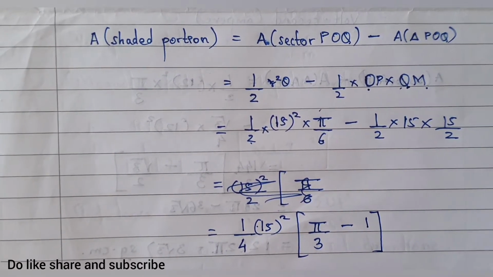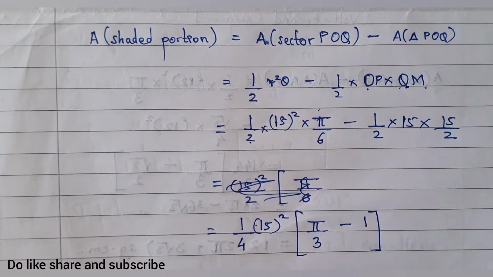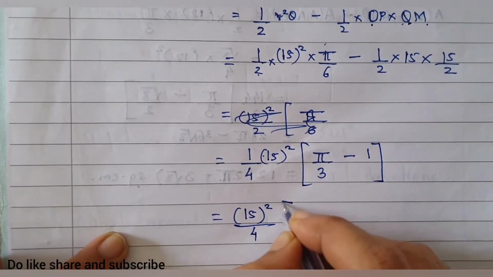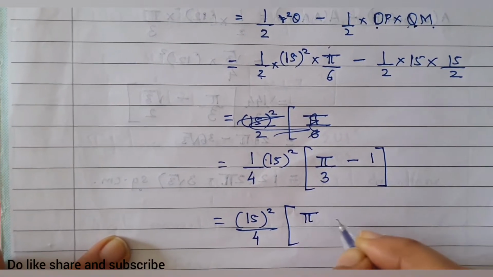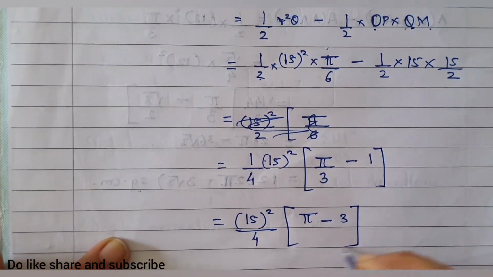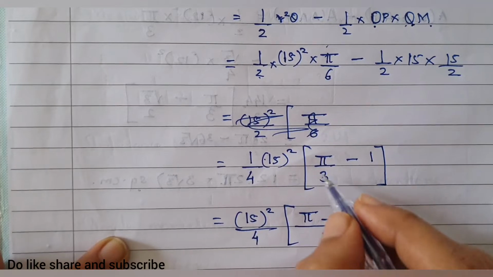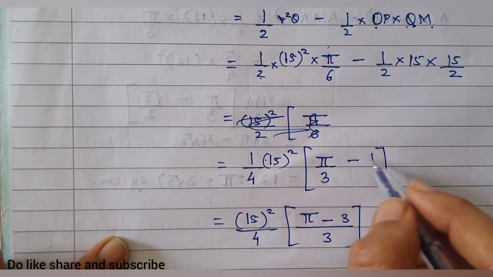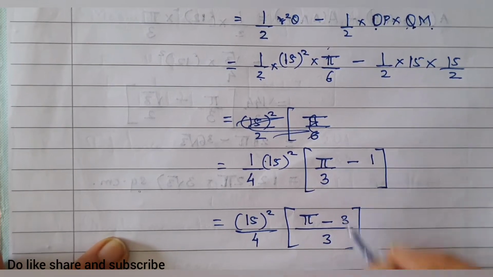So we have 15 square divided by 4 into pi minus 3 divided by 3. After multiplying and dividing by 3 we get the same result.